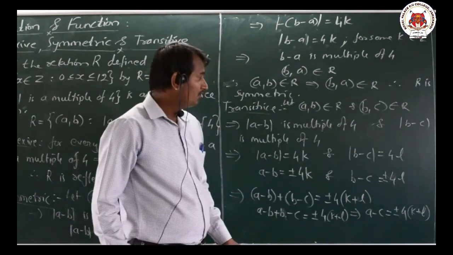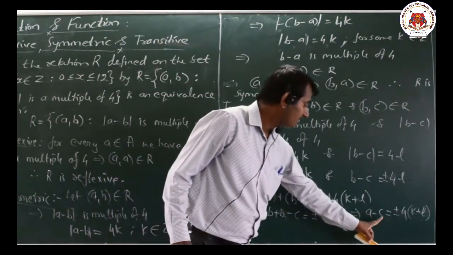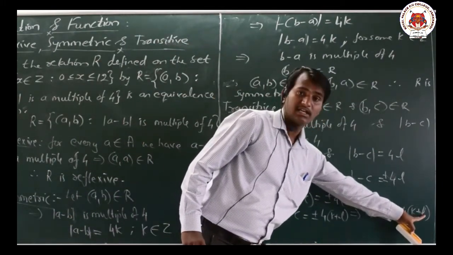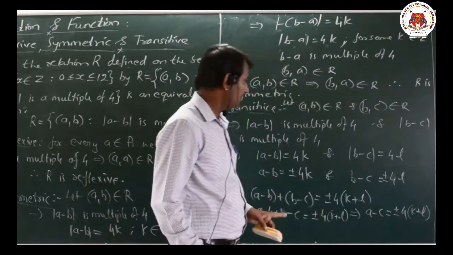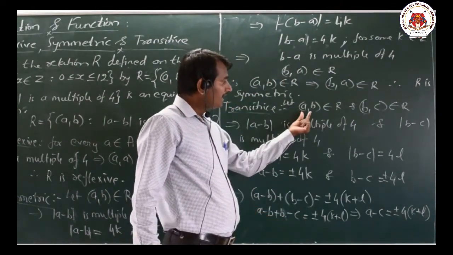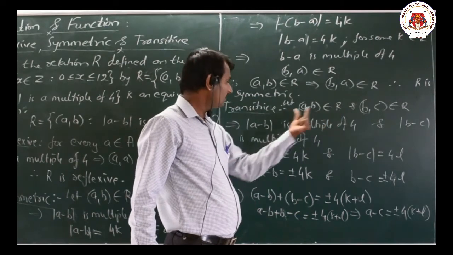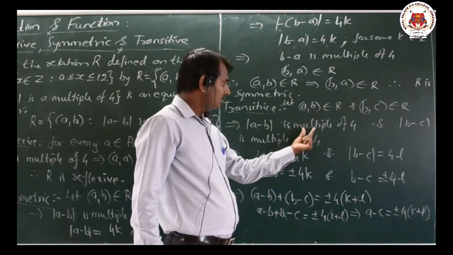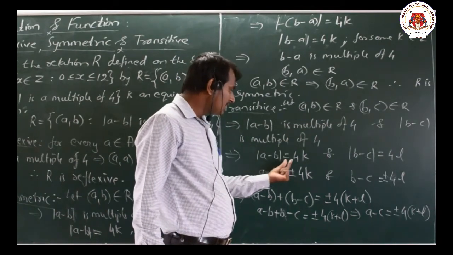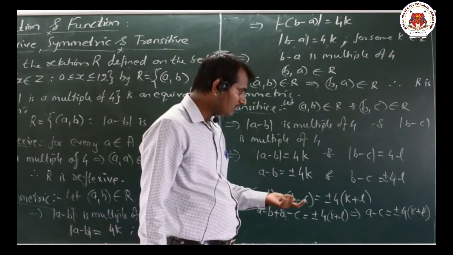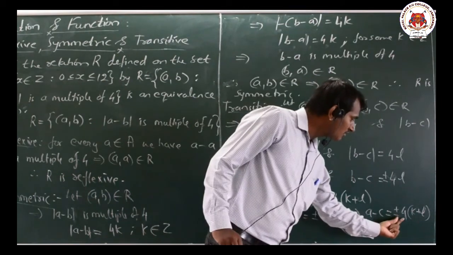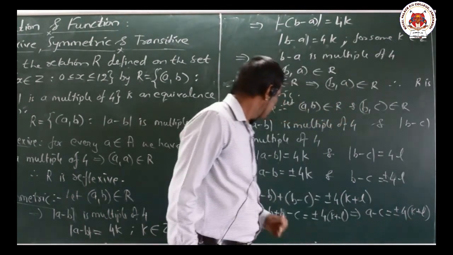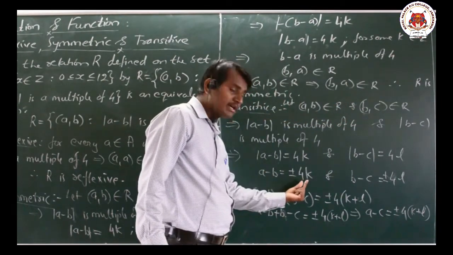Now what do you mean by this, a minus c equal to 4(k plus l)? It is any integer here. Now see here, we come back again: (a, b) belongs to R means a minus b is a multiple of 4, which means a minus b equal to 4k. Now we got a minus c equal to plus or minus 4 of something.